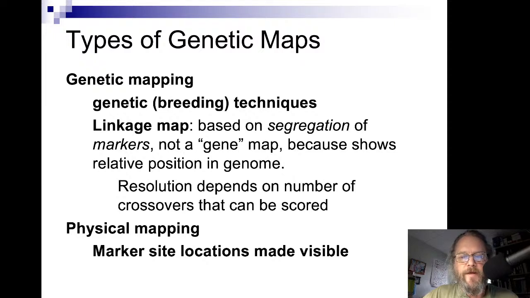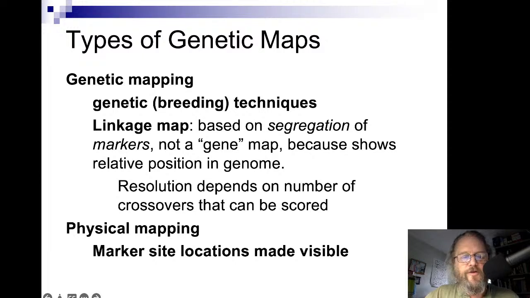And then how fine a scale the linkage map will be, in other words, smaller and smaller DNA elements located to the genome in relation to each other, that's going to depend on 2 things. Basically, you have to have a number of markers, and then you also have to have a number of offspring in which recombination has occurred, separating those, giving you recombinant types, right?